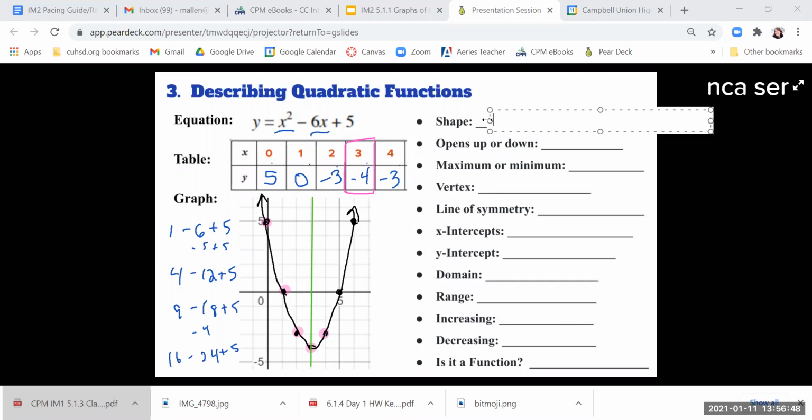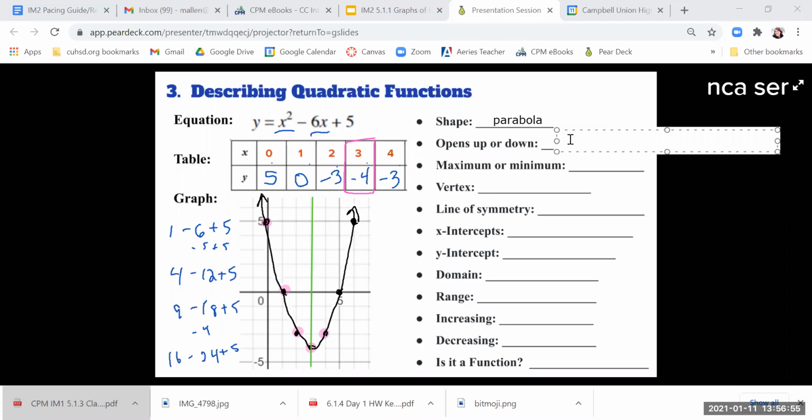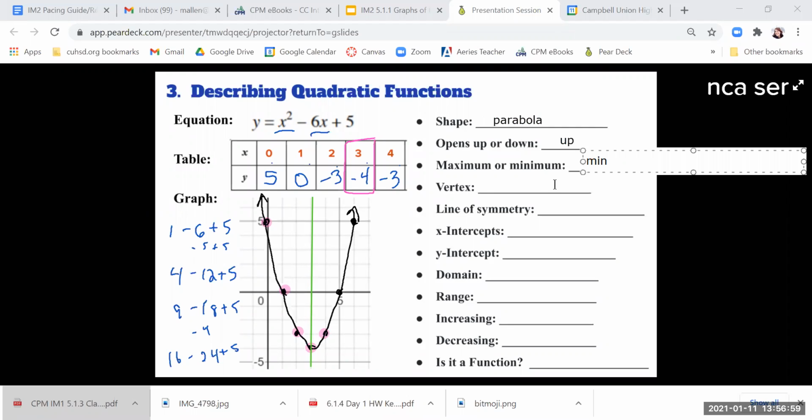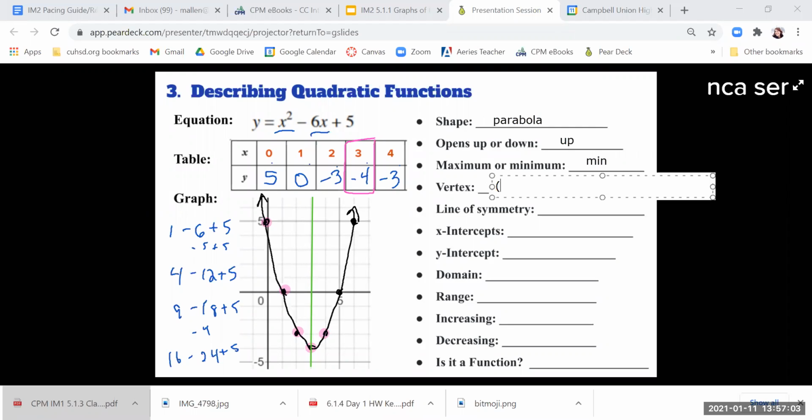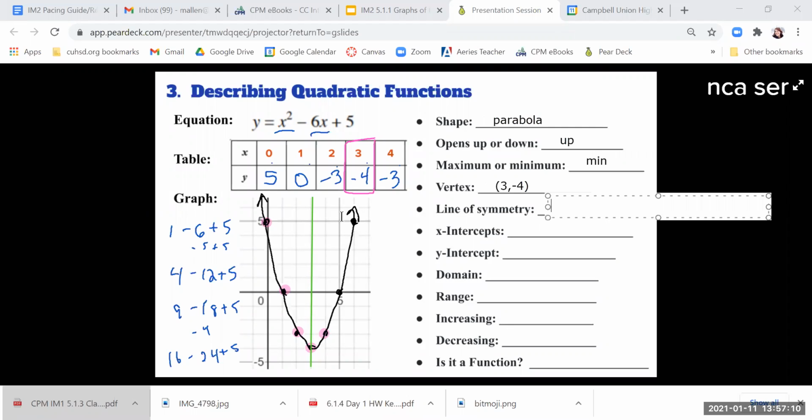So the shape, again, it's always parabola for these. This one opens up. It has a minimum at its vertex, which is at (3, -4). There's a line of symmetry that goes right through the vertex at x equals 3.